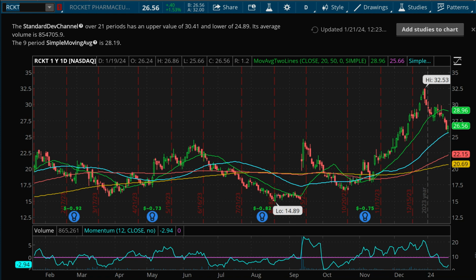And here is a clean chart of Rocket Pharma, a stock that we recently had some interest in going long. Okay, so if you just look at the chart, do you see some very clear pattern developing? I say yes.